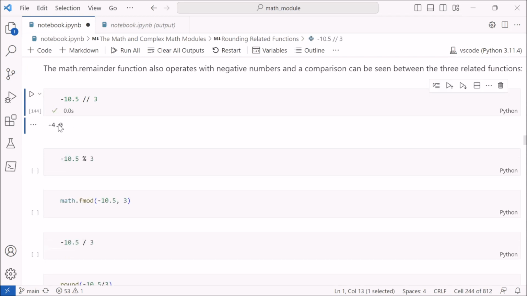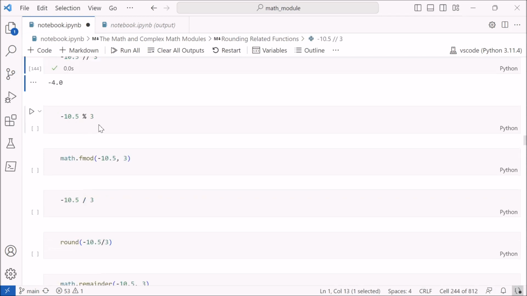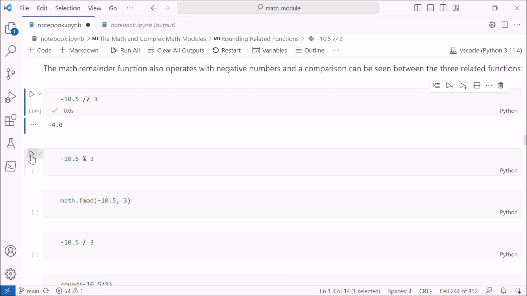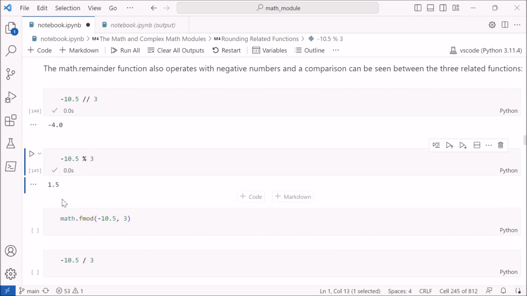So this will give you minus 4 instead of minus 3. If we now have a look at the modulus, this is going to be 1.5. So if we take this together, minus 4 times 3 gives you minus 12, and minus 12 plus 1.5 gives you minus 10.5, and that's the value expected.